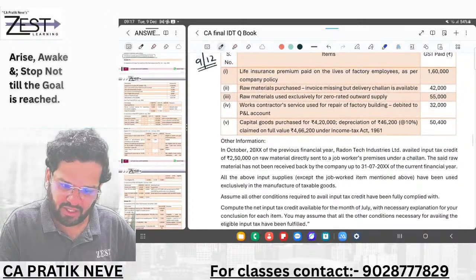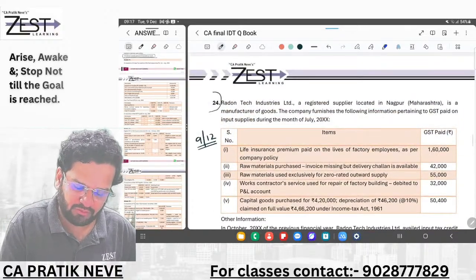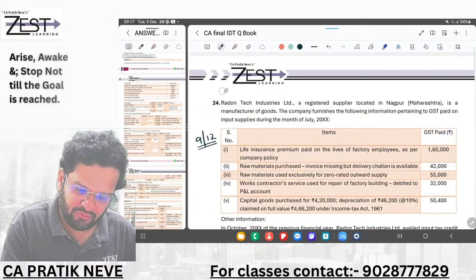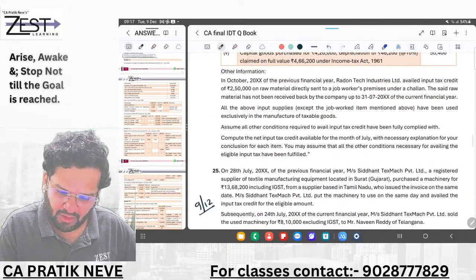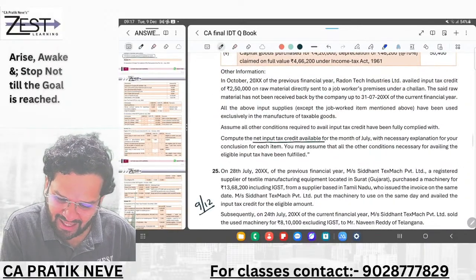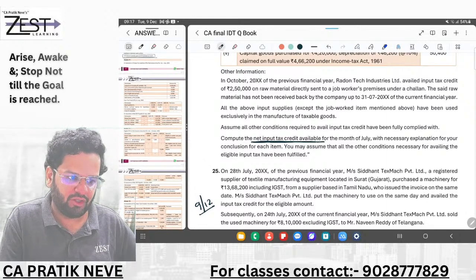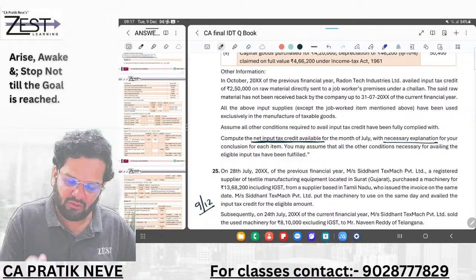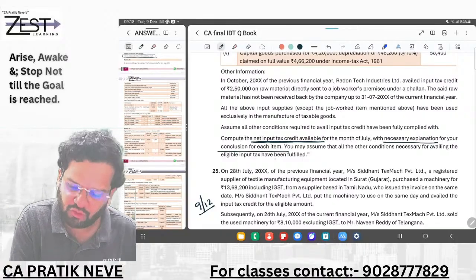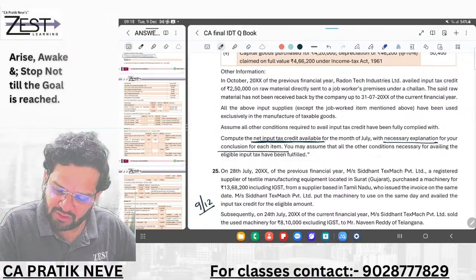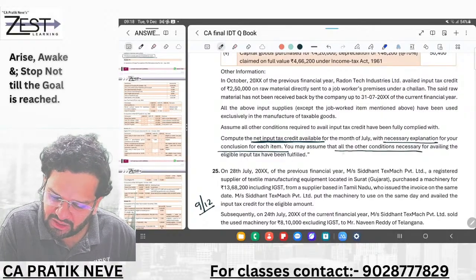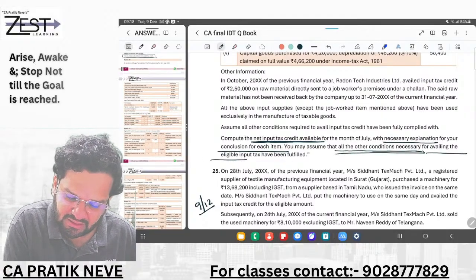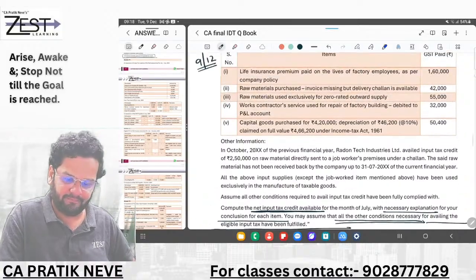Here we can do this now. Let's do the 24th. The question is: compute net ITC available for the month of July with necessary explanation for your conclusion for each item. You may assume that all the other conditions necessary for availing ITC have been fulfilled.